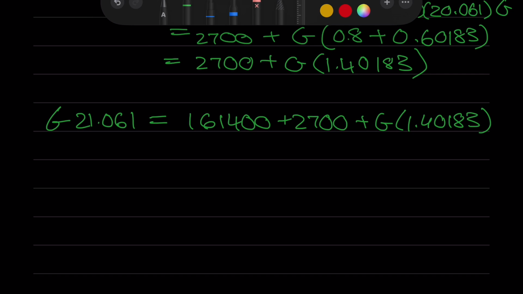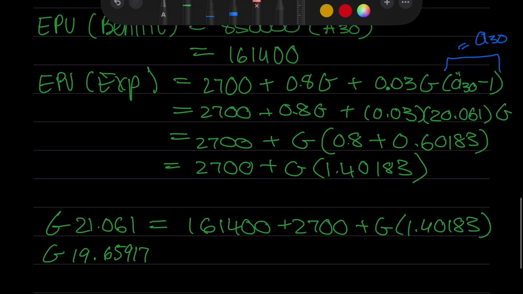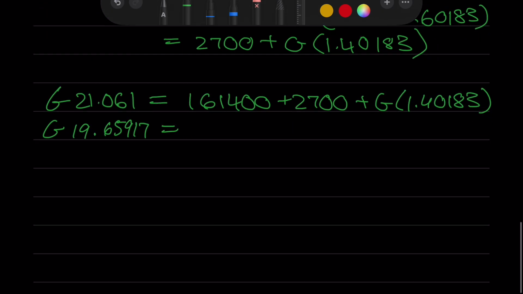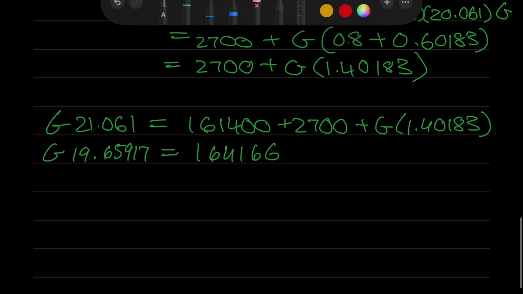Now all we're doing is calculating G. So just in a calculator. One six four one six. Oh, what's happening here? Doesn't look right. Oh, wow!